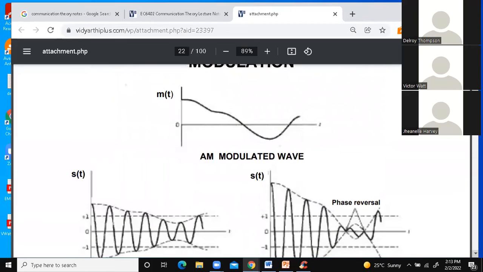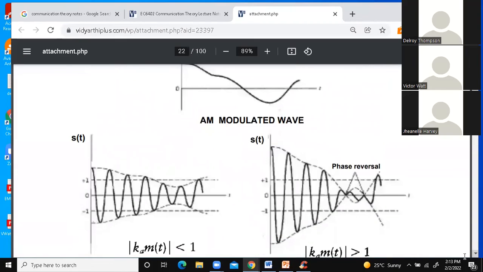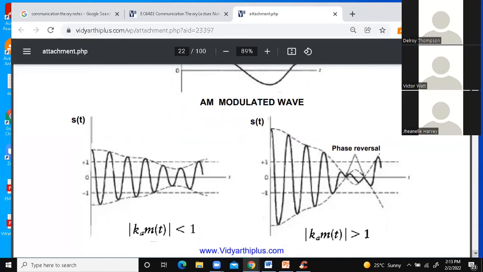So here we have, if we over modulate, we under modulate. So let's go back to the equation.